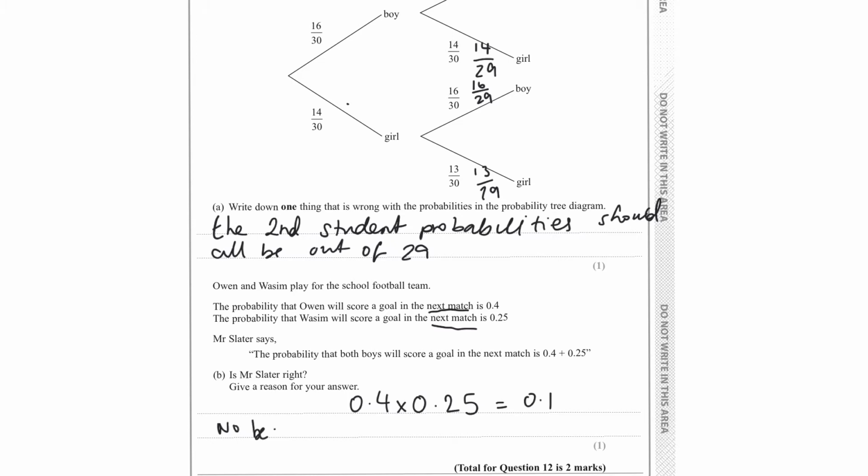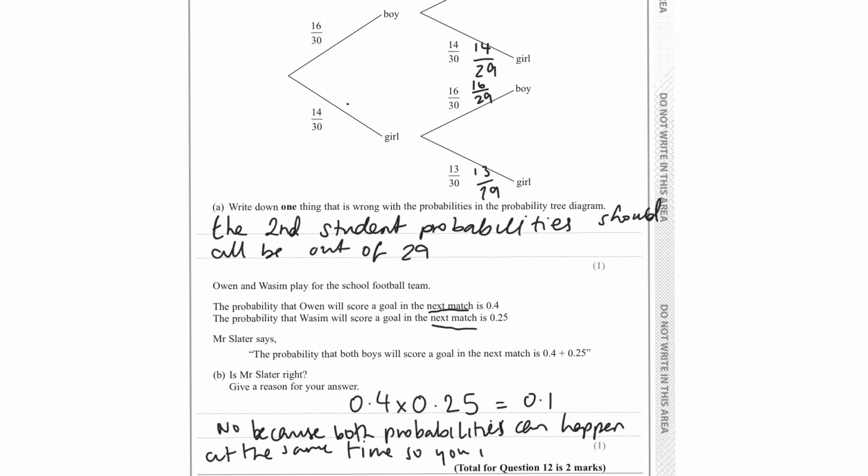No, because both probabilities can happen at the same time, so you would multiply. If it was a case where they can't happen at the same time, so both Owen and Wazim cannot score in the same event, then you would add them together.